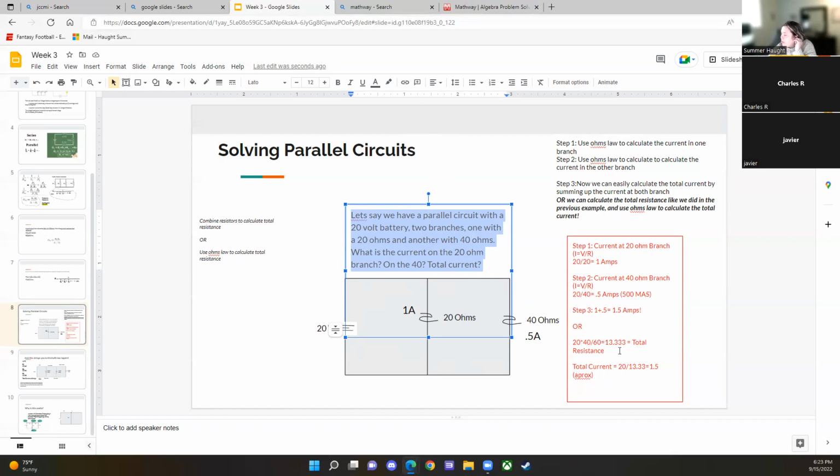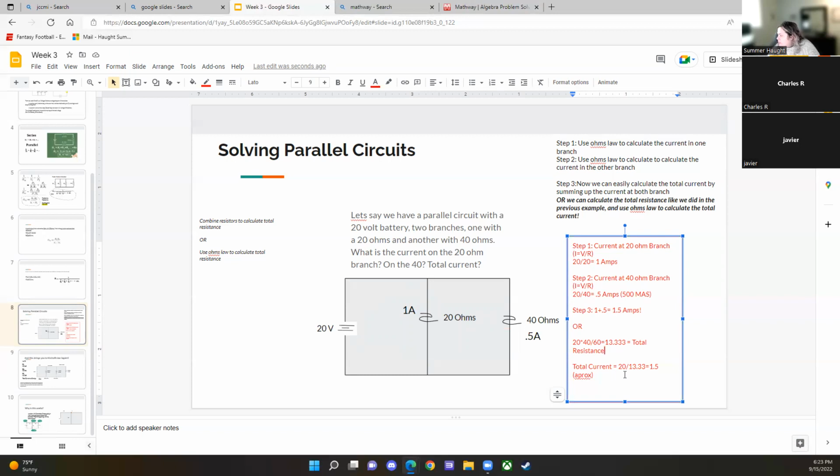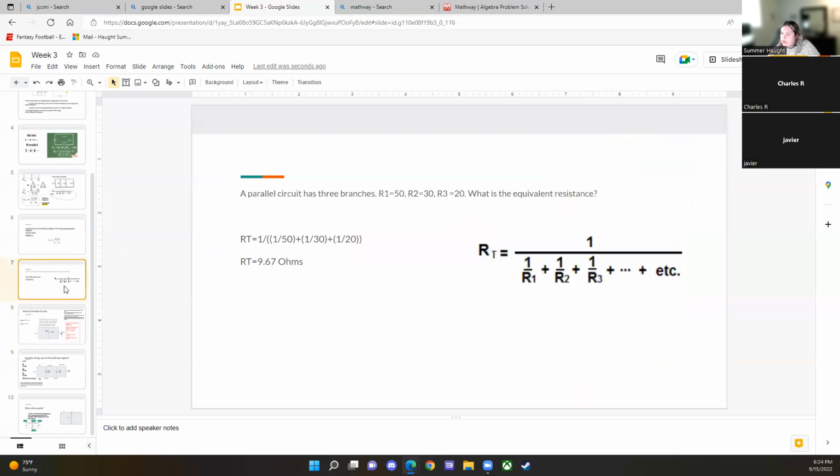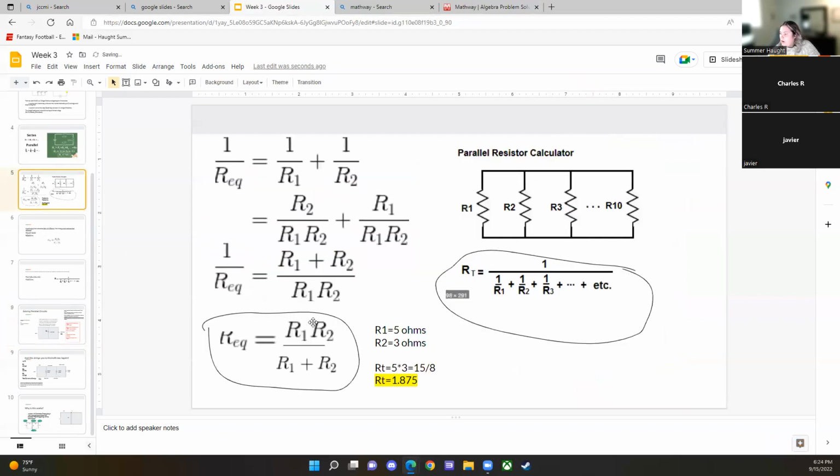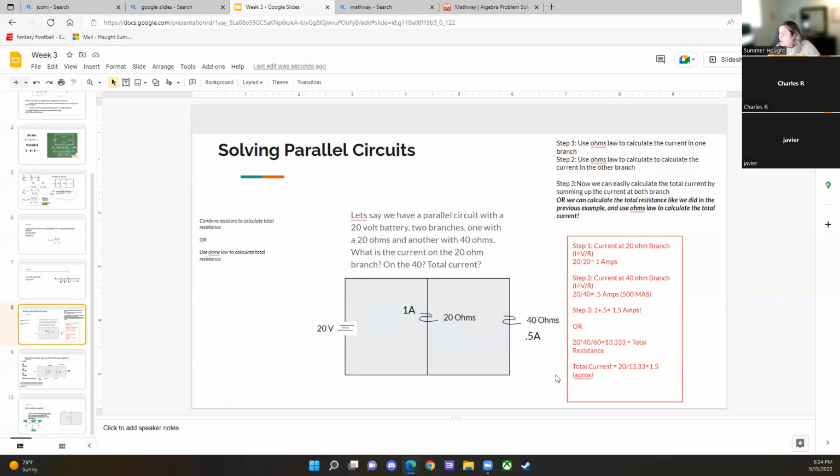For this example, you would do, I like this one better, 20 divided by 40, and just to make sure we're all clear where those are coming from, this is using the equation from the beginning, R1 times R2 divided by R1 plus R2, to calculate it.